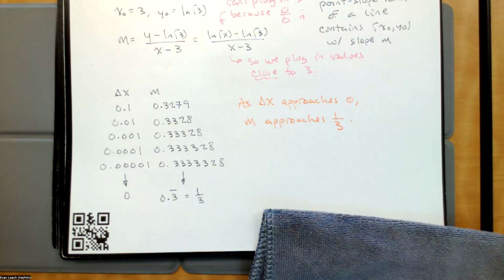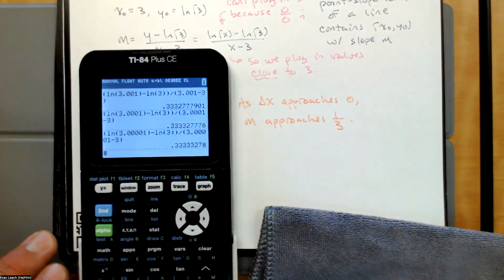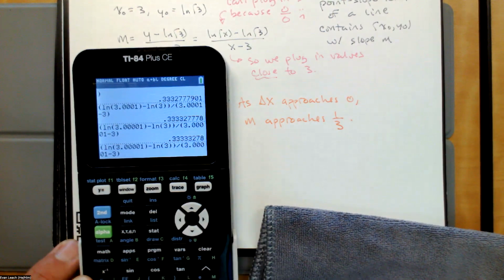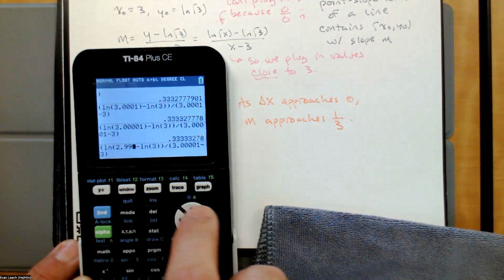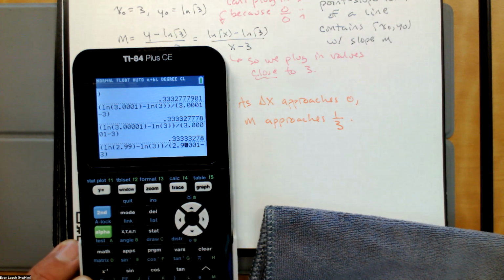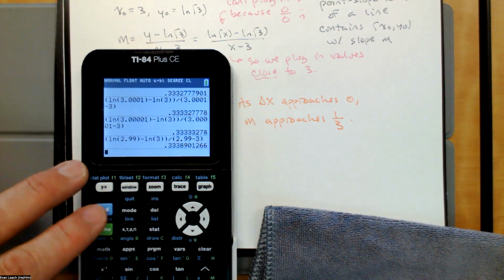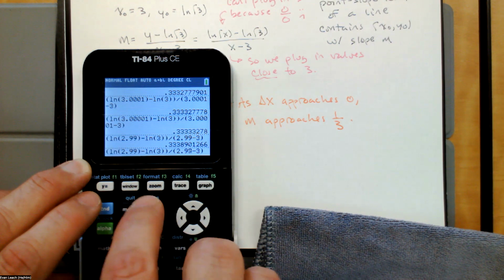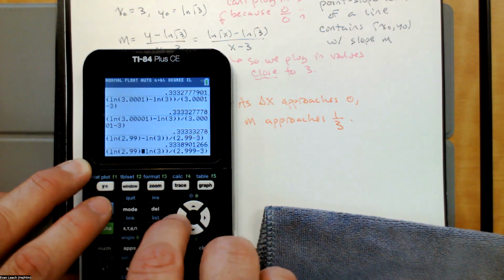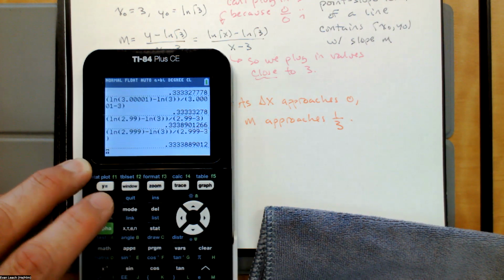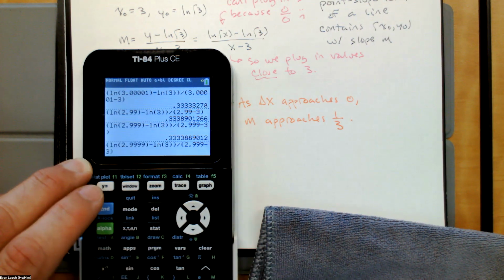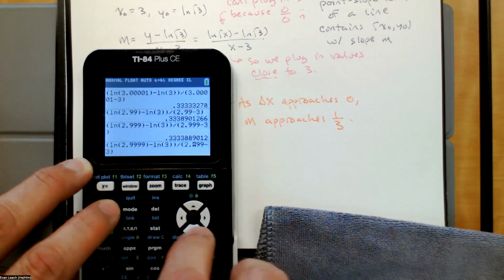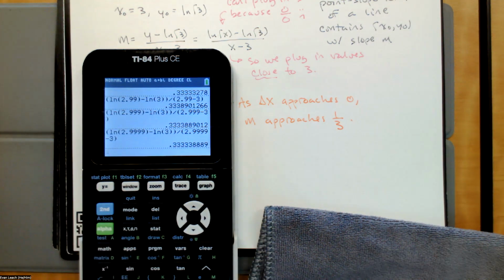So we might want to look at things like 2.9. So from the other side, we can check what happens as we approach 0 from the other side. And it certainly looks like the same thing is happening. As I get a factor of 10 closer, we throw another 3 in there.